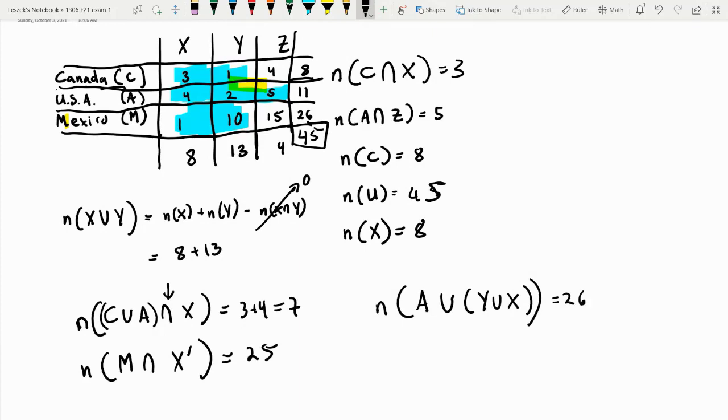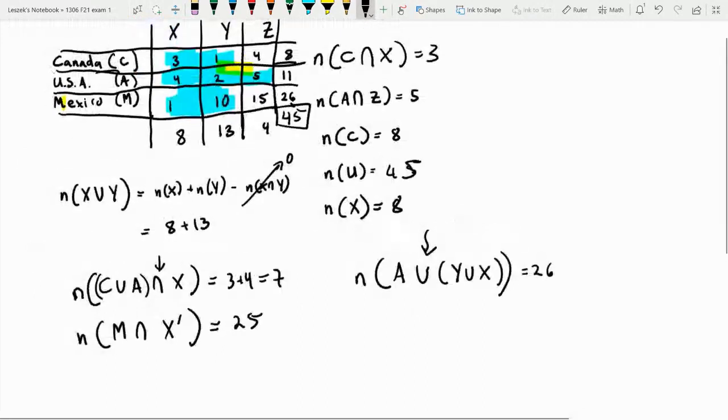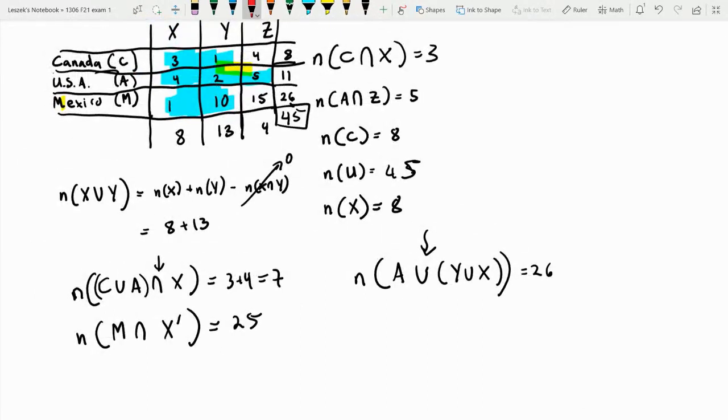Right, exactly. Anytime you have a union and you're not sure, just remember that when counting the US, we counted these two cells. And when counting X or Y, we counted all these cells, so we double counted these. That sounds like addition rule, right? You could have said this is the number of Americans plus the number of things that are either Y or X minus the number of things which are both.